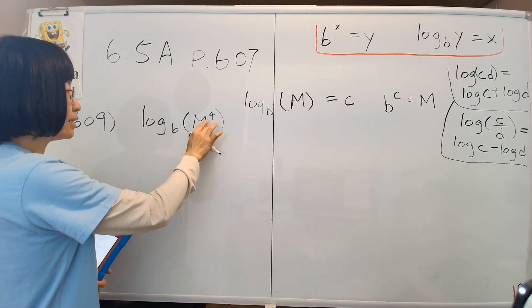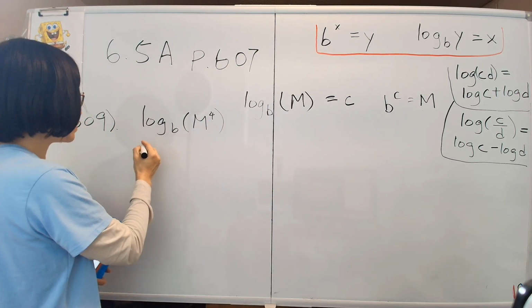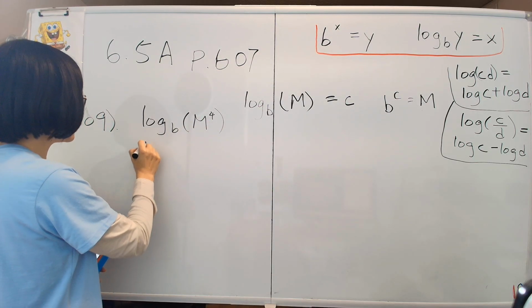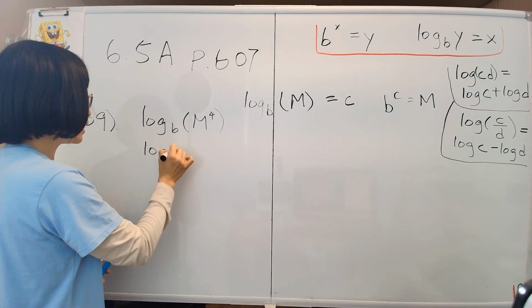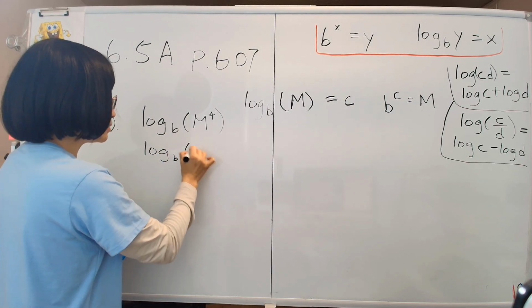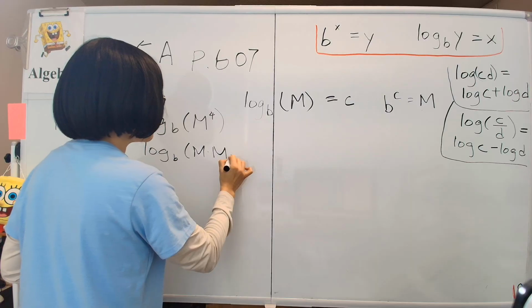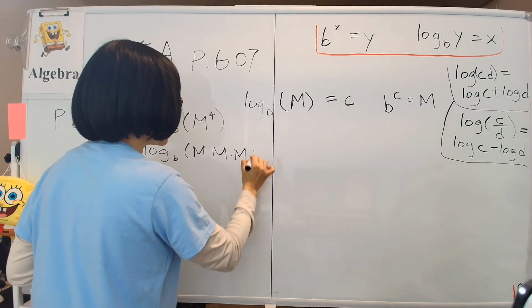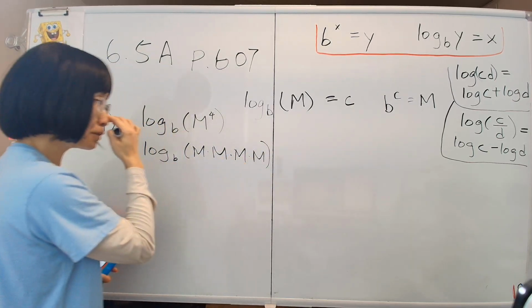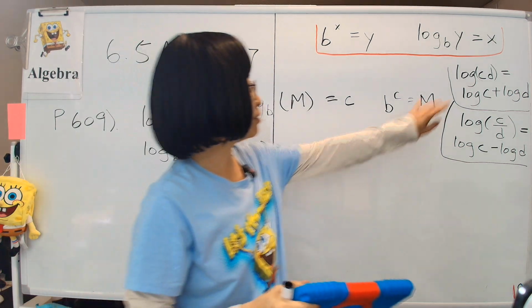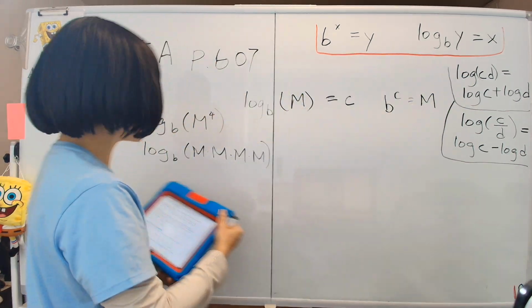Then this is the same as m multiplied by itself 4 times, right? So this is equal to log base b of m times m times m times m. There's 4 of them being multiplied together.